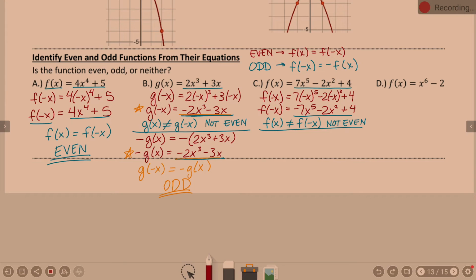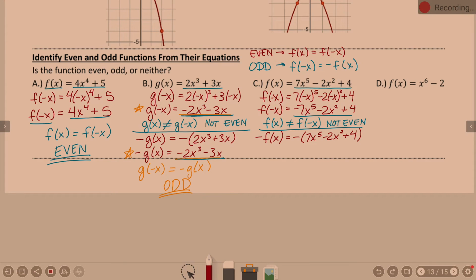I found f of negative x. What else do I need to test oddness? Negative f of x. So negative f of x says I multiply the equation by a negative. Which equation? The original. So 7x to the fifth minus 2x squared plus 4.